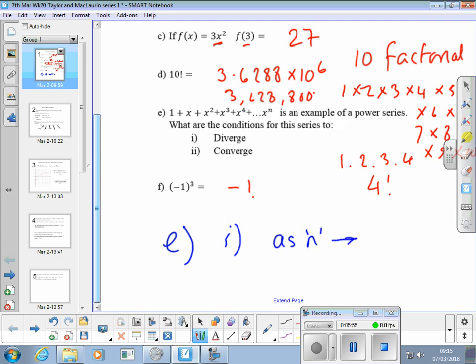As n tends towards infinity, as n gets bigger, yeah, each term, e.g. x to the n, gets bigger.